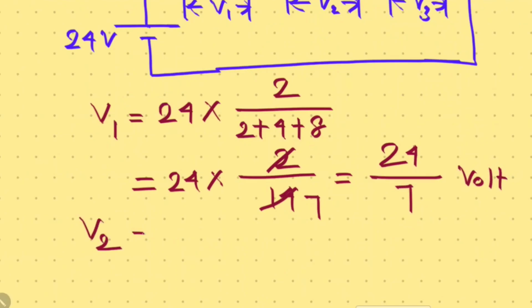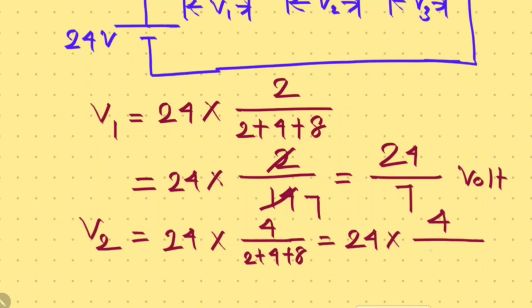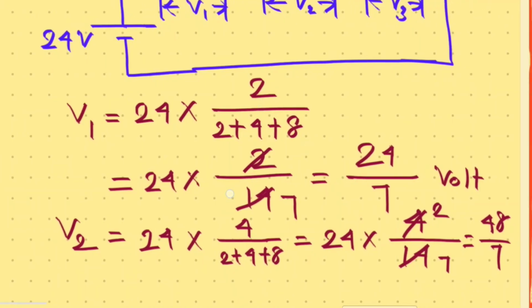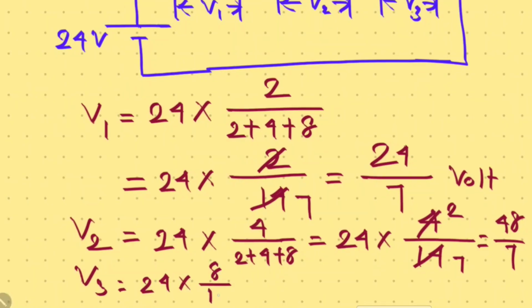Now V2 is similarly 24 into 4 by 2 plus 4 plus 8, that is 24 into 4 by 14, so we can write 48 by 7 volt. Similarly, V3 is equal to 24 into 8 by 14, that is 96 by 7 volt.